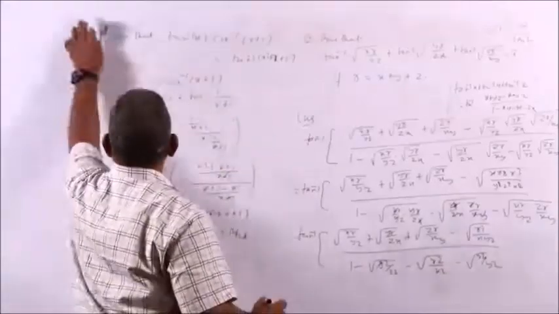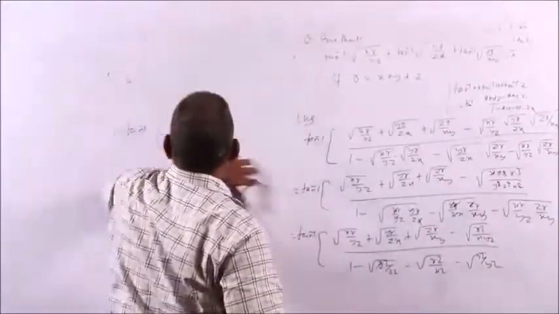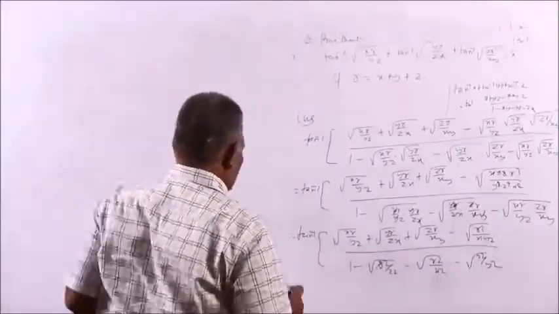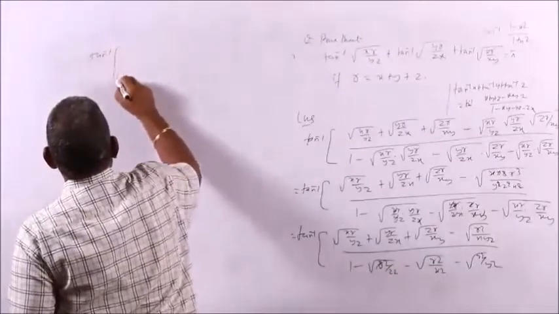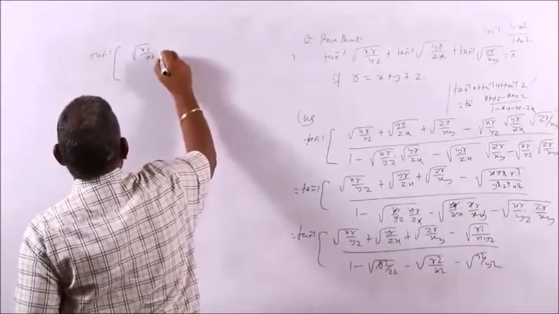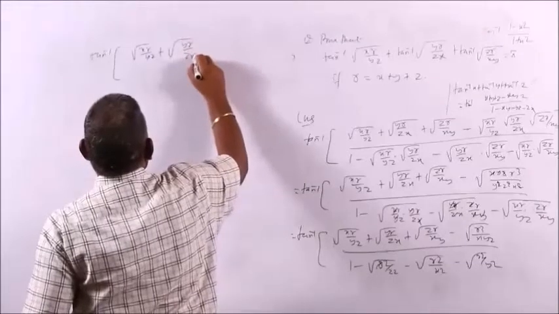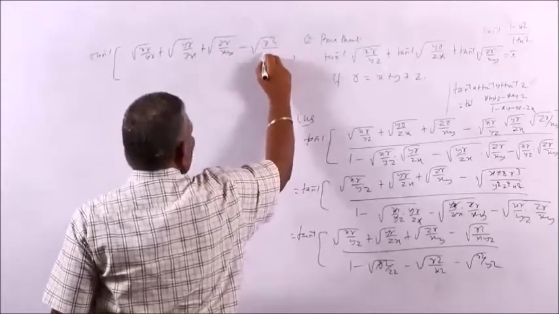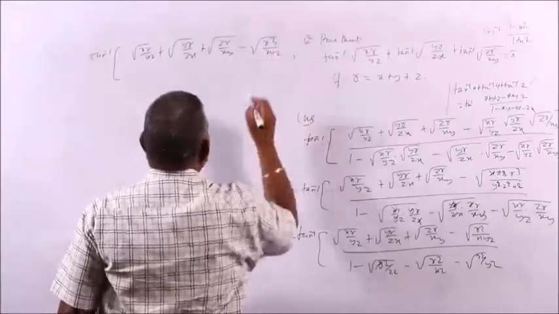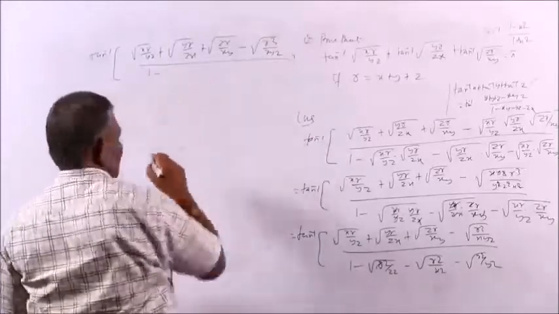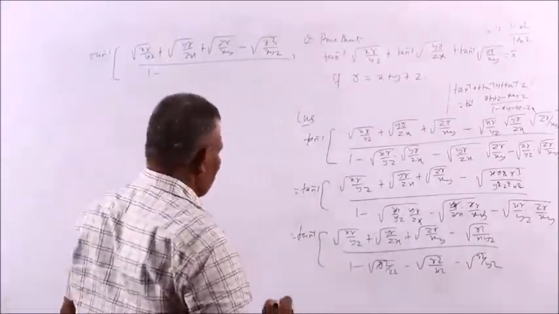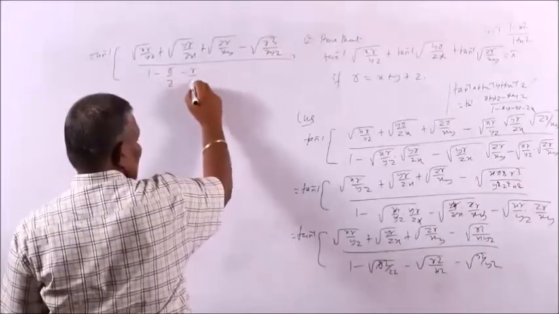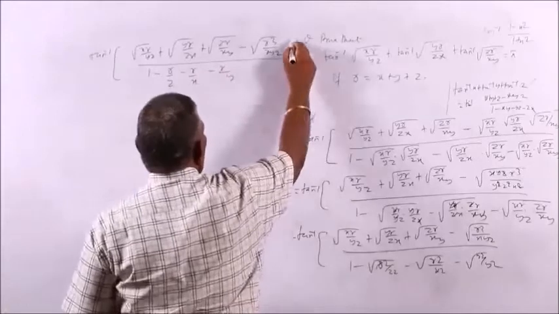So on simplification, the numerator will be as usual, there will be no change. That is tan inverse of root over of xr by yz plus root over of yr by zx plus root over of zr by xy minus root over of r cube by xyz, whole divided by 1 minus, removing all these root overs from the last three terms in the denominator, that will be r by z minus r by x minus r by y.